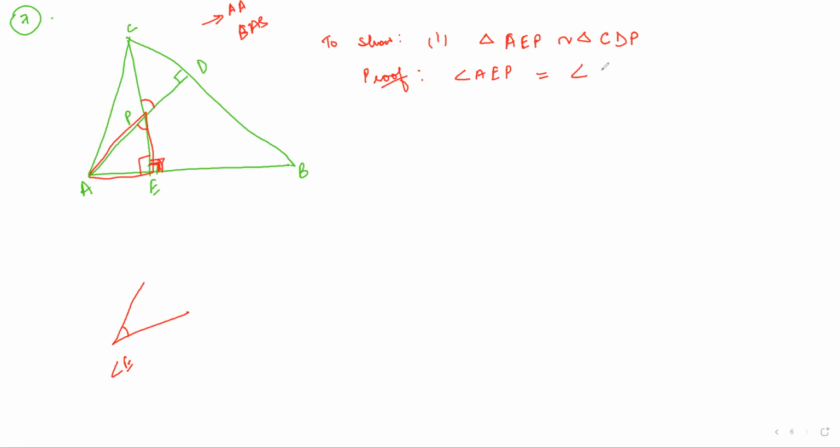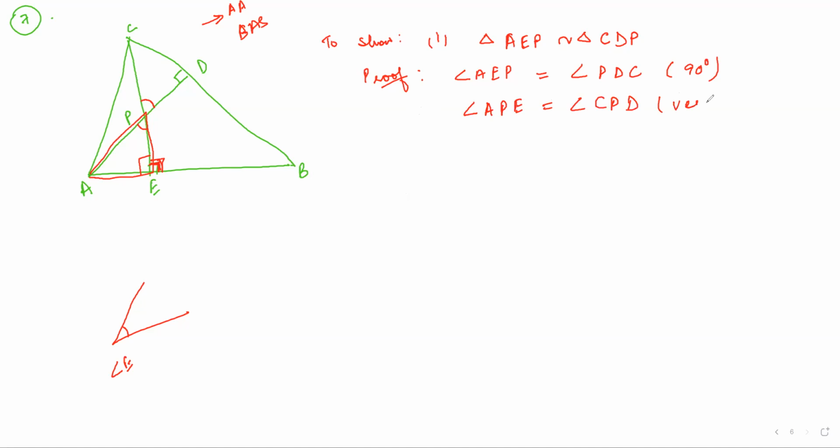PDC. That's okay. So both 90 degrees. Okay. So one angle is 90. What about the other one? Can we take APE equal to CPD? Why? Both of them are vertically opposite angles. Yes, angle APE is equal to angle CPD.